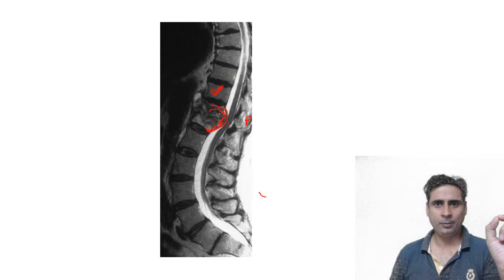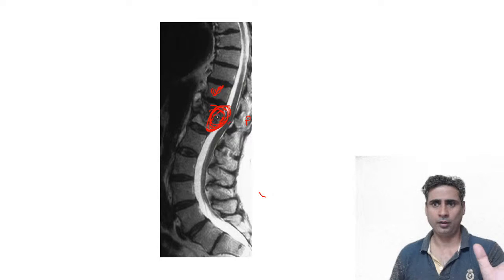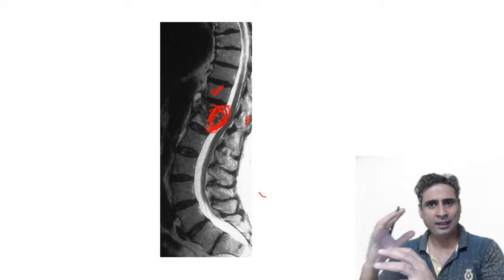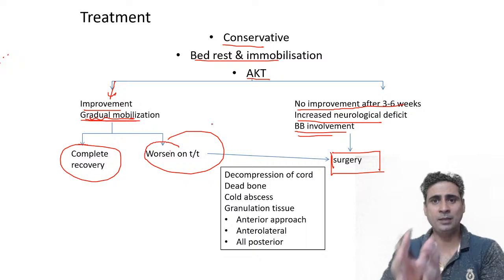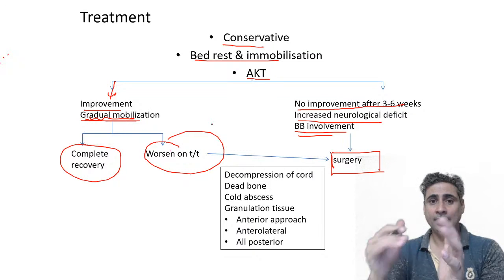So the basic principle of surgery is to decompress the cord from the anterior side, remove all dead necrotic bone, and drain the cold abscess, because compression is from the anterior side. This is the basic principle of surgery, which you will be doing in all surgery.